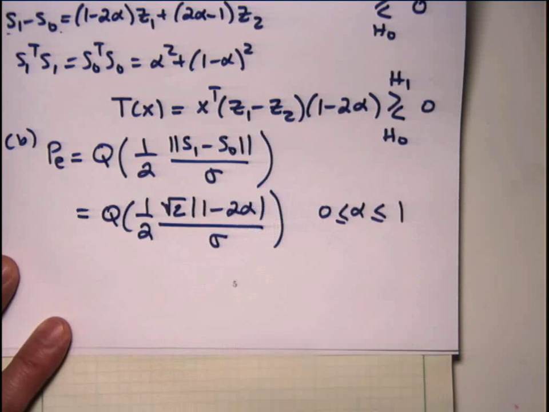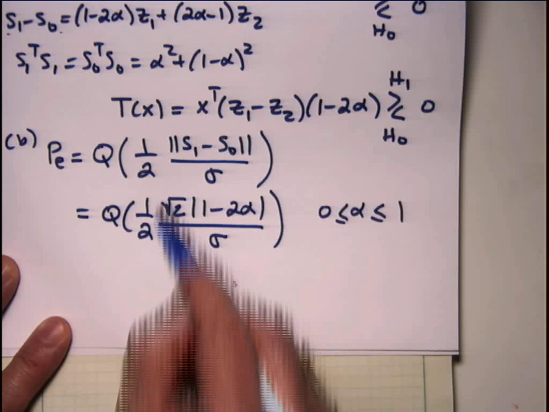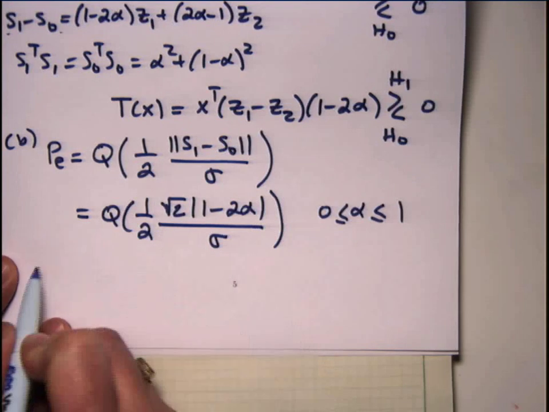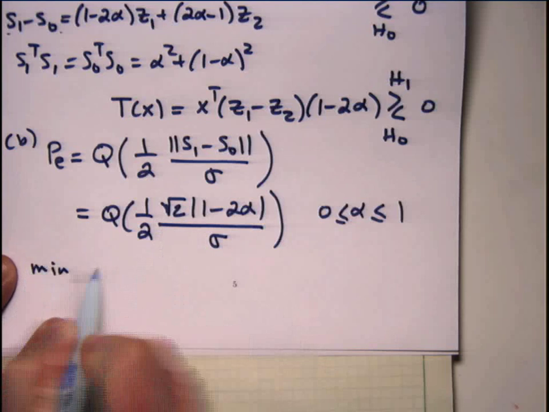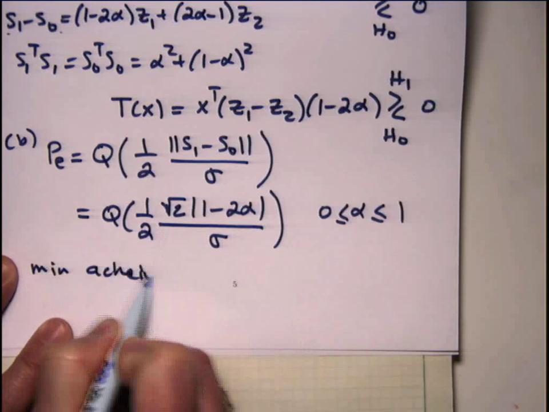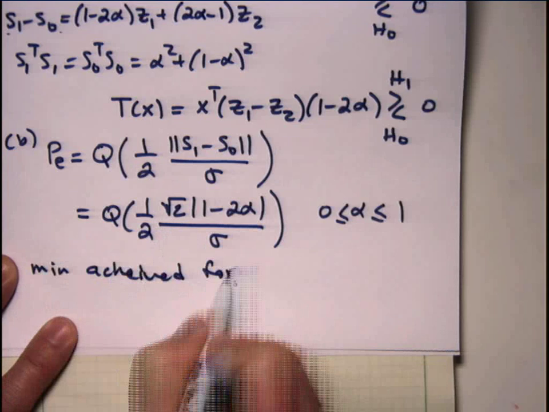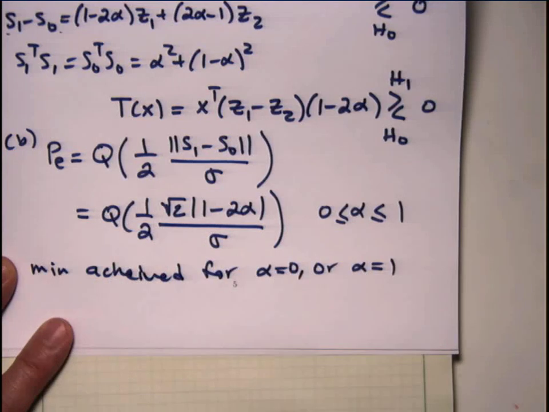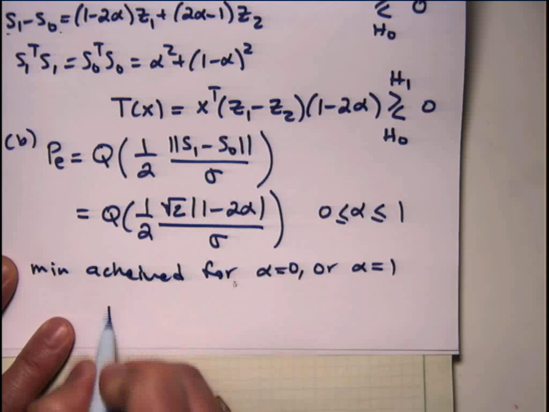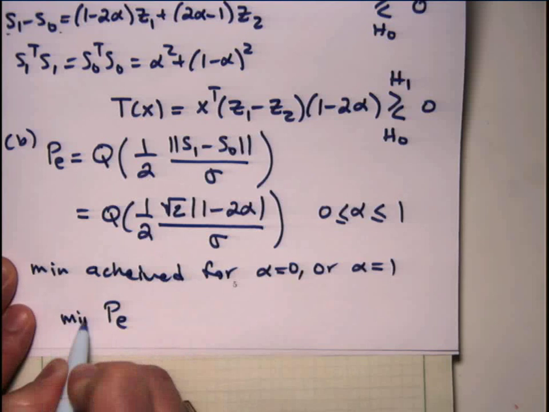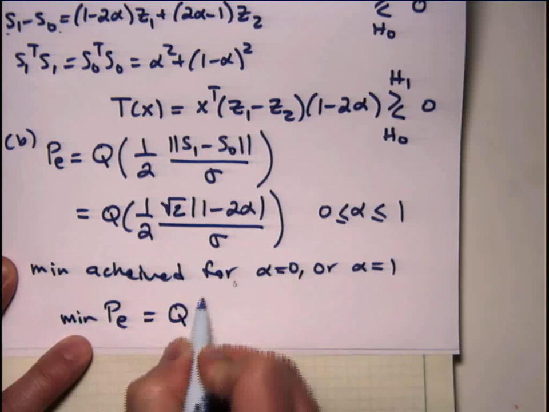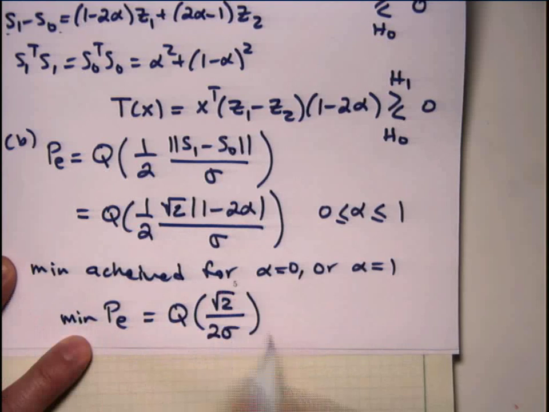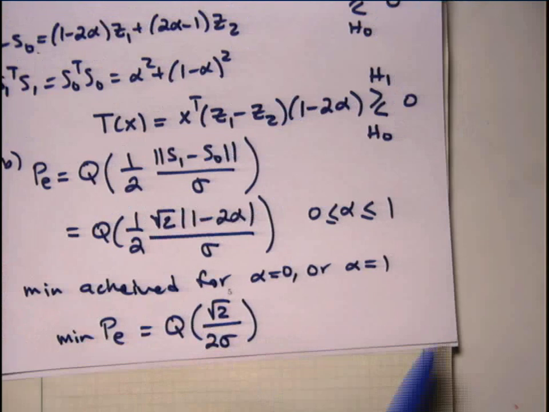The way you minimize the Q function is you maximize the argument of the Q function. So here, the minimum is achieved for alpha equals 0 or alpha equals 1. And in fact, that minimum probability of error is Q of square root of 2 divided by 2 sigma. Okay, so you're done at this point.